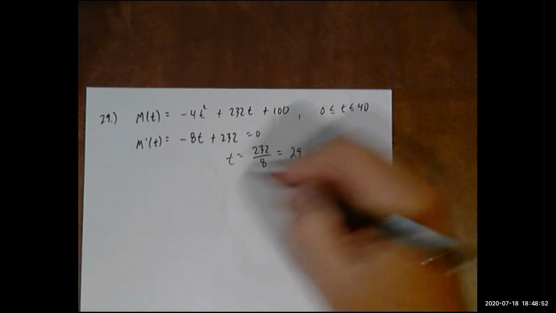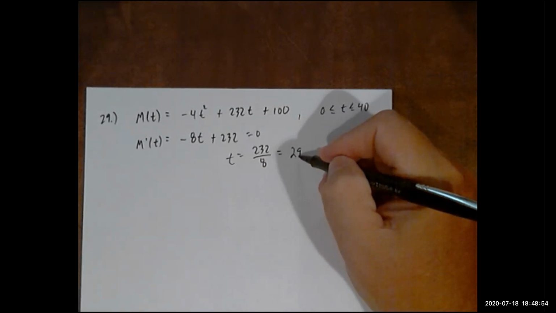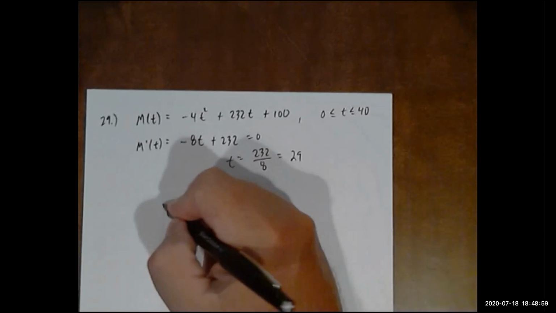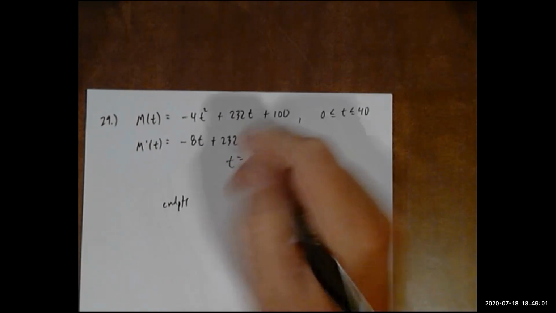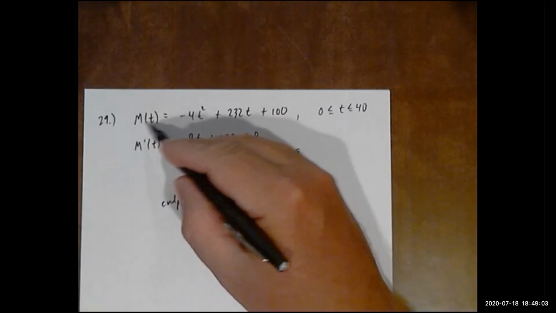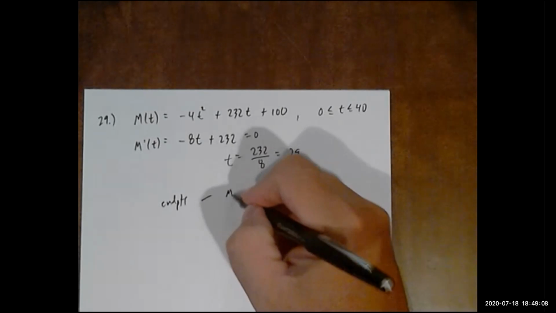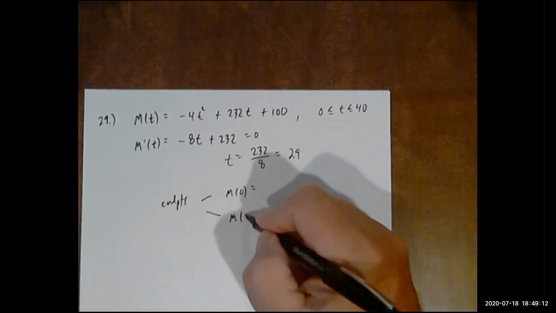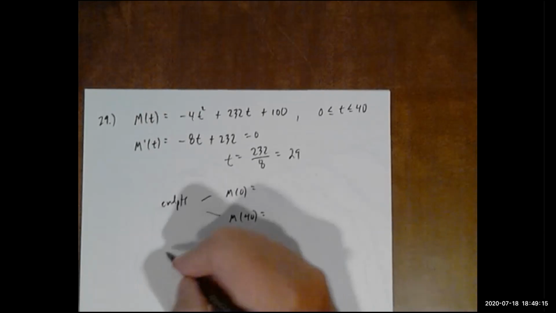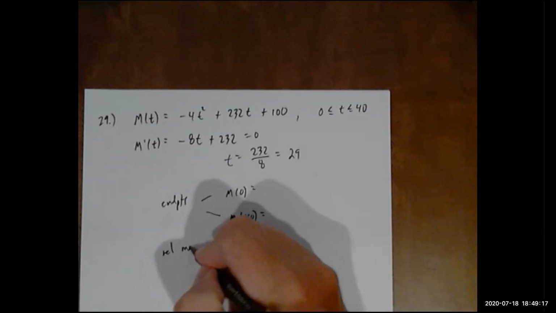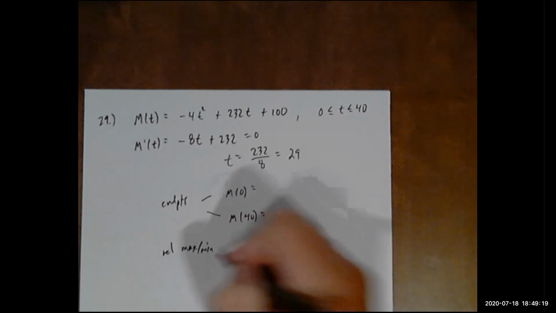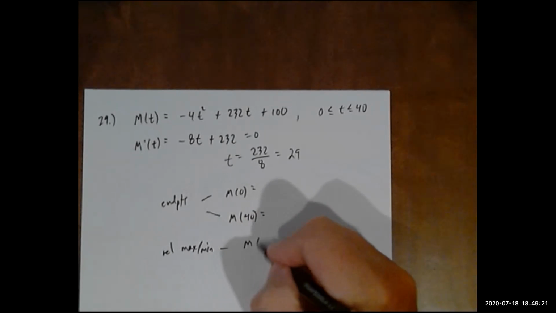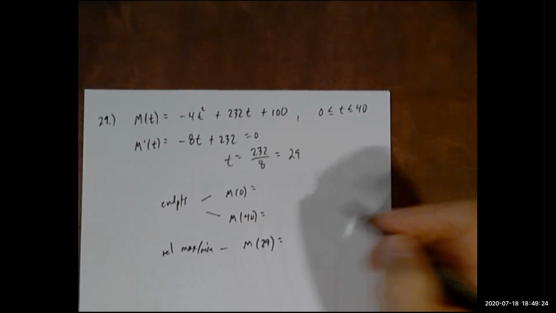So now that's the first step, find any relative max or min. And the second step is you just compare the endpoints. Once again, be careful, it's the original function. First endpoint is 0. Second endpoint is 40. And then, I'll just write it here, the relative max or min we have to check is when the time is 29.